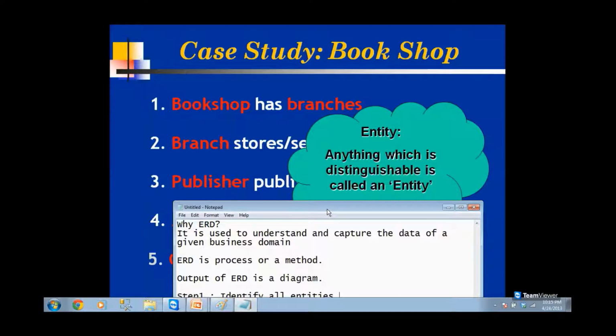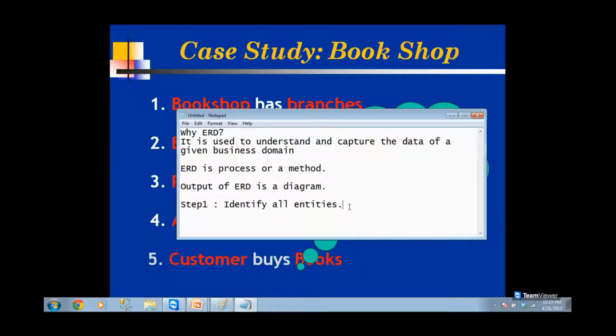So you have to identify all entities, but the question is, how do I identify them? Now you are saying identify, but how do I do that? That is the question people would ask. How do I find entities? The answer is: identify nouns.